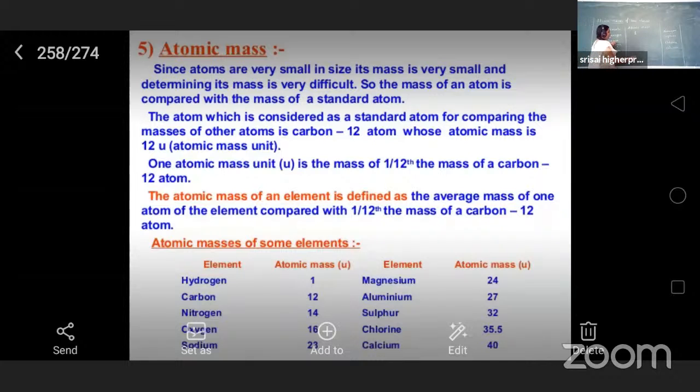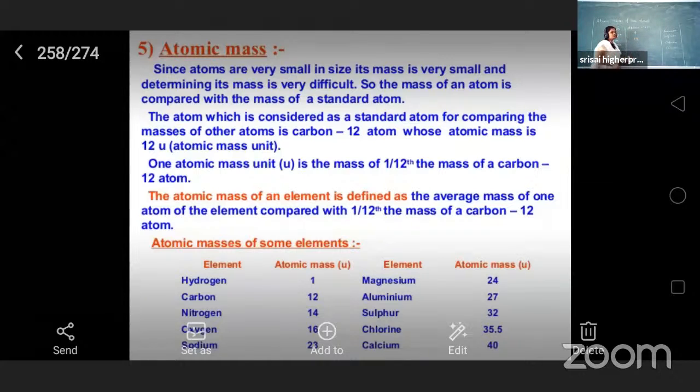This is the carbon symbol. The 6 is atomic number and 12 is atomic mass. Now the carbon atomic mass is 12.